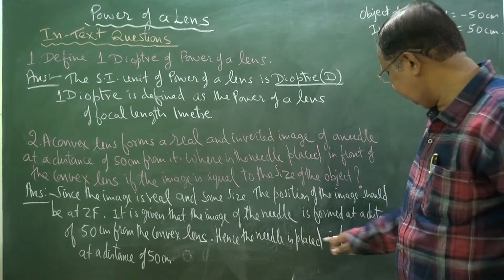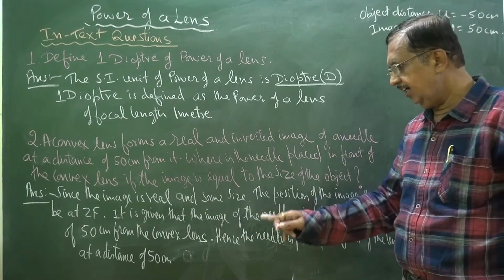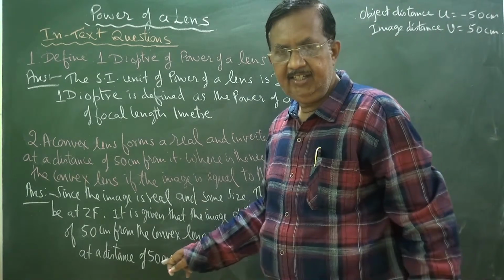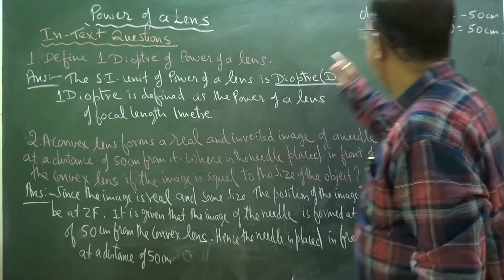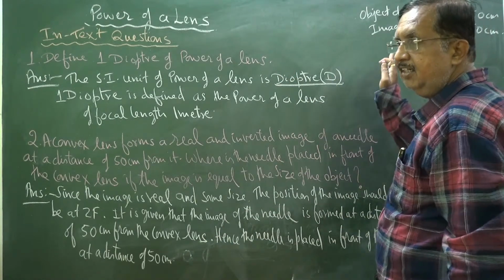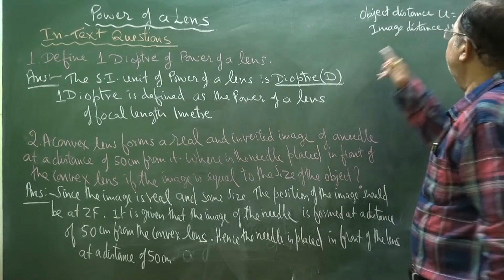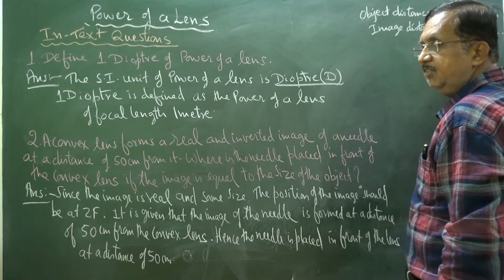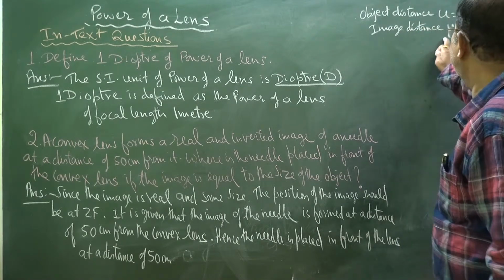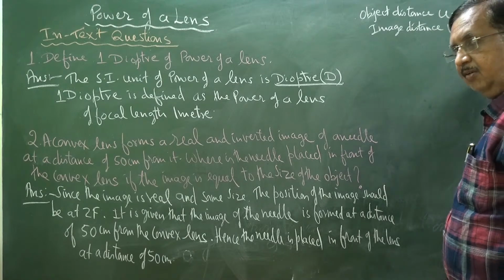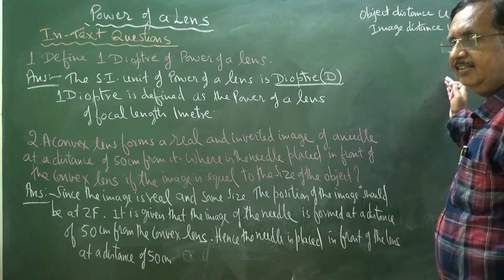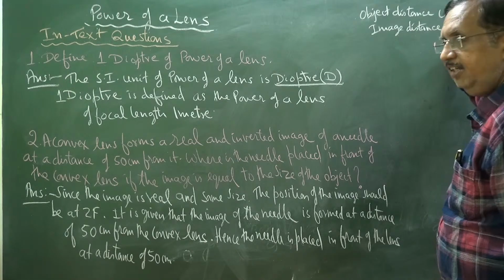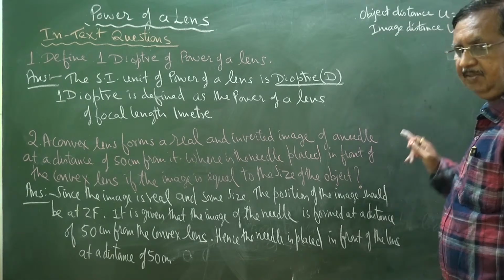Hence, the needle is placed in front of the lens at a distance of 50 centimeter. So both are same. The object distance is from the lens, we are taking it as minus 50, and image distance is away from the lens, so v is plus 50 centimeter.